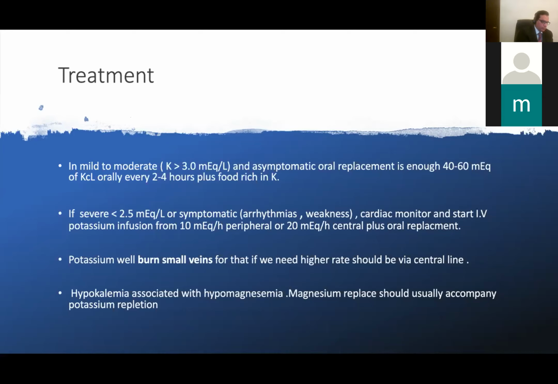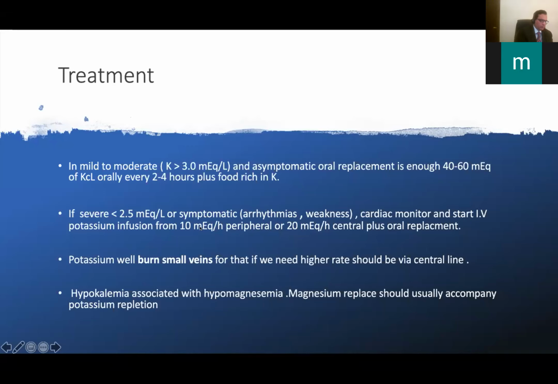The potassium infusion should be 10 milliequivalent per hour in the peripheral line, or 20 milliequivalent per hour in the central line. And you can always add oral replacement to any one of those options. It will buy you time and it will correct the potassium faster.